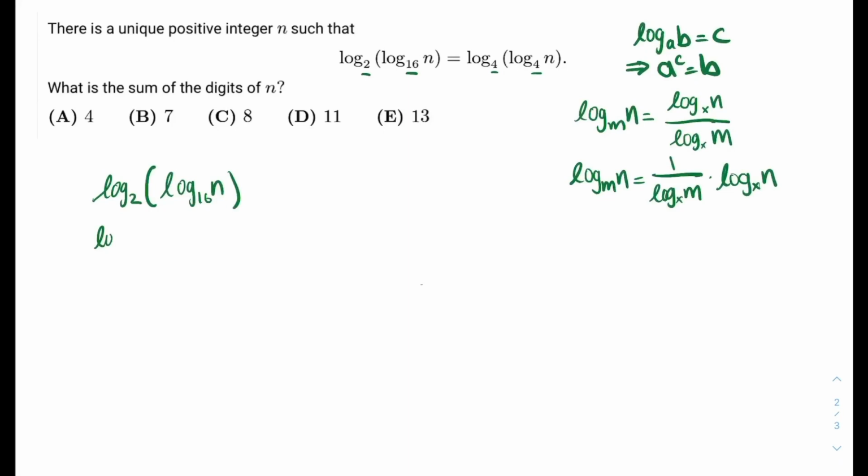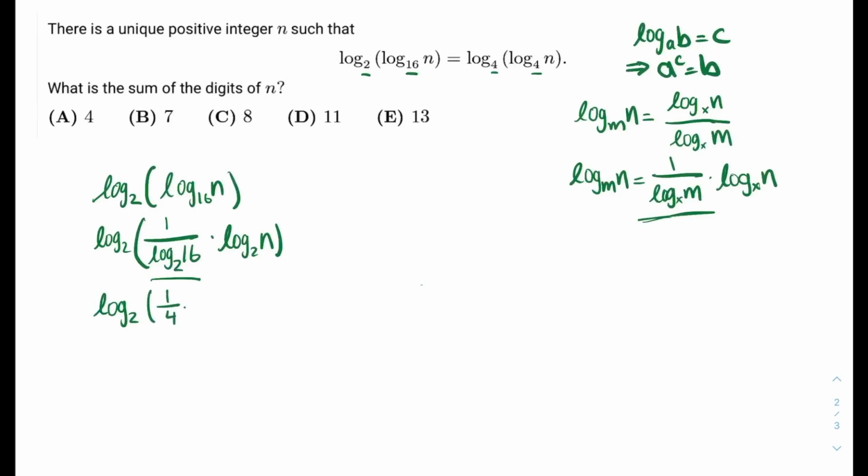We can rewrite it as 1 divided by log base 2 of 16, since 16 is m here, times log base 2 of n. Log base 2 of 16 is equal to 4, because 2 to the power of 4 is 16. So this is 1/4 times log base 2 of n.